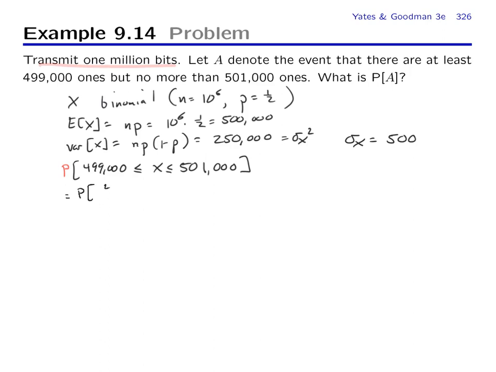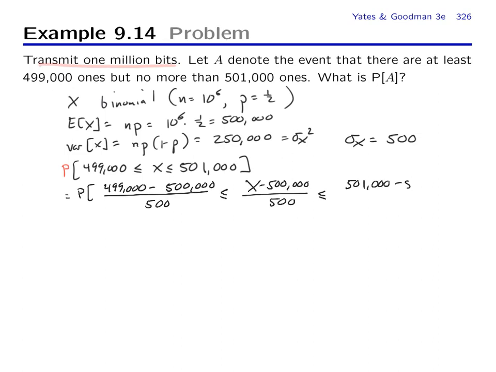So we take 499,000, we subtract away the expected value, 500,000, divide by the standard deviation, 500. That's less than or equal to (x minus 500,000) divided by the standard deviation 500, less than or equal to 501,000 minus 500,000 divided by the standard deviation.